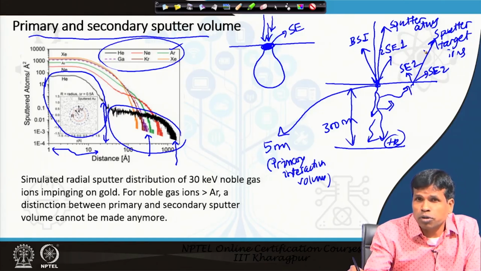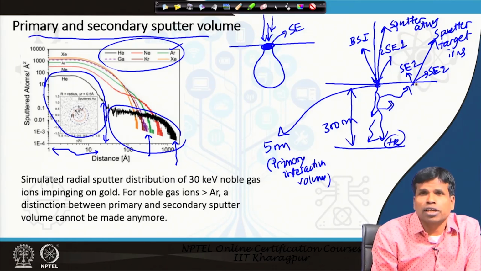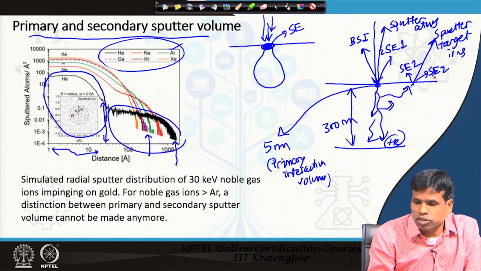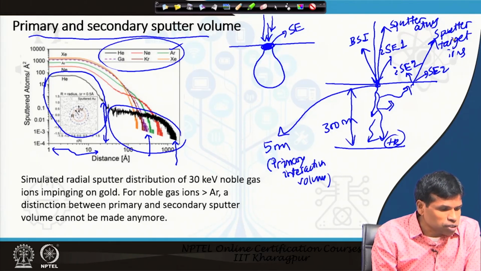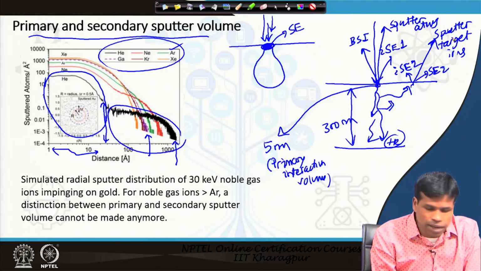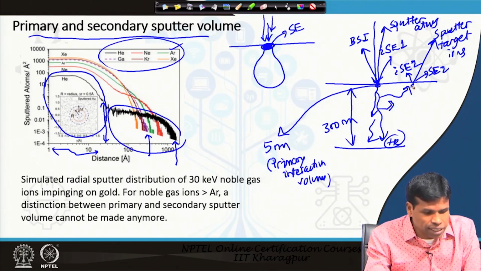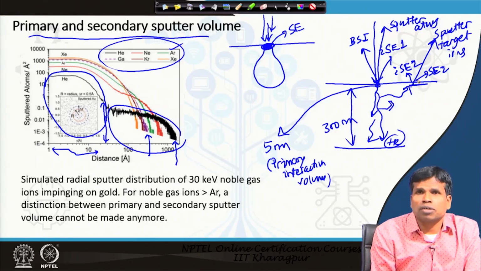When backscattered electrons come out of the specimen, they also produce secondary electrons that we name SE2. So here also we name it SE2, or you can write ISE2. In this region we can also have sputtered target atoms, and this happens in a depth of a few nanometer from the surface.